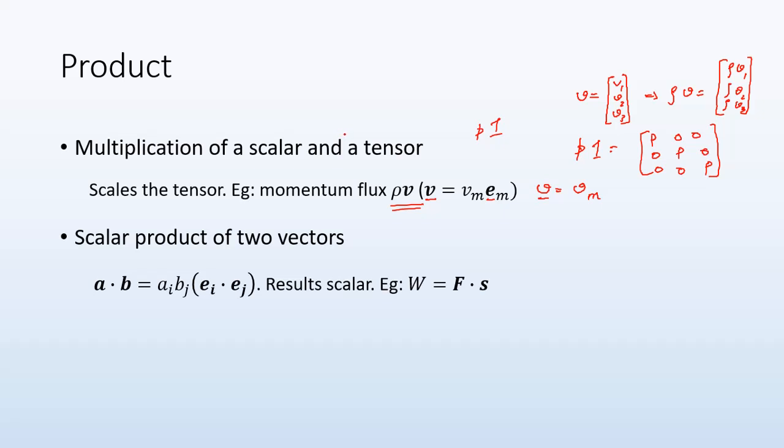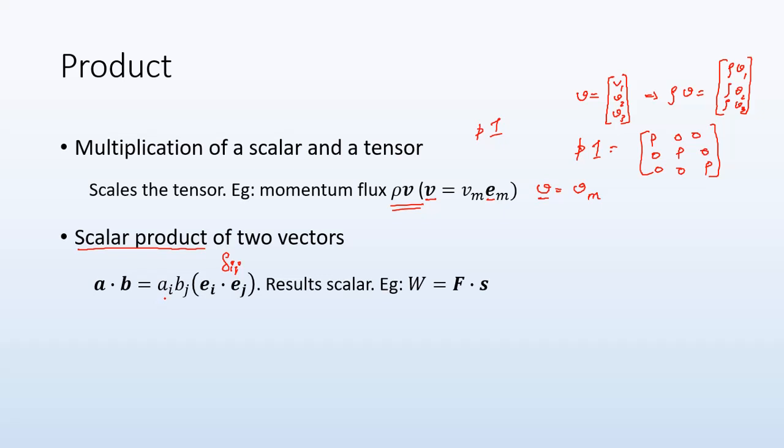There is another way where two vectors can be multiplied, and this is known as the scalar product. Here you are also familiar with the scalar product. So the scalar product of two vectors A dot B using index notation can be written as A_i B_j multiplied by its basis vectors e_i dot e_j. So we know that e_i dot e_j will actually give you delta_ij.